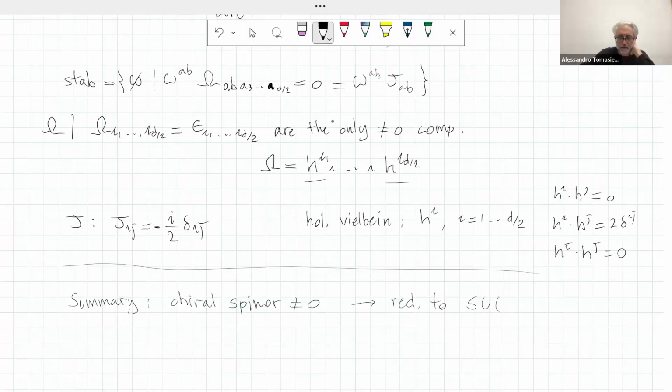In particular, when it is pure, this condition is automatic in d equal 4 and 6.